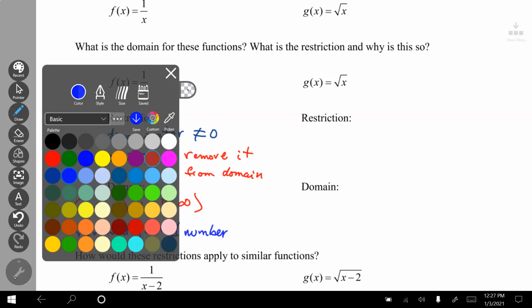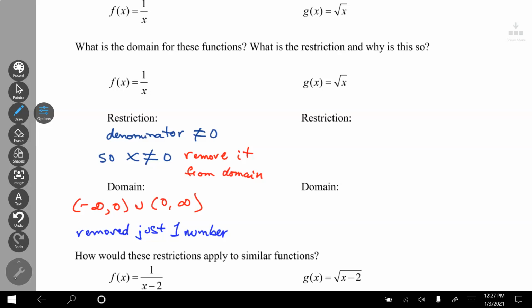Now when I look at the square root function, what are my restrictions for square roots? I cannot take the square root of a negative number. Okay, I could take the square root of 4. I cannot take the square root of negative 4 using real numbers. Yes, back in Algebra 2, you learned that the square root of negative 4 was 2i, but we're not doing imaginary numbers, only real numbers.